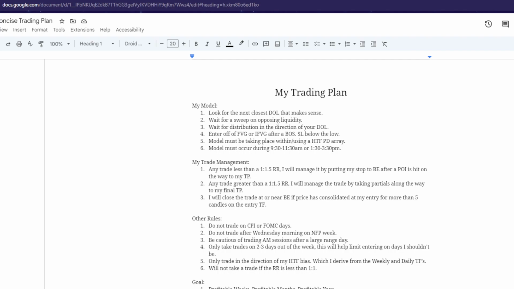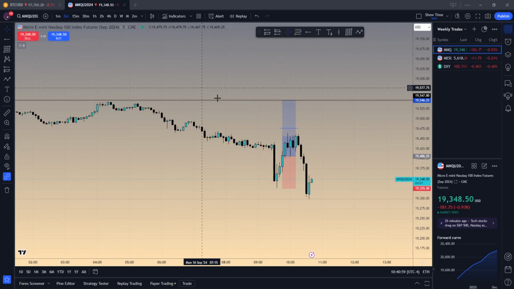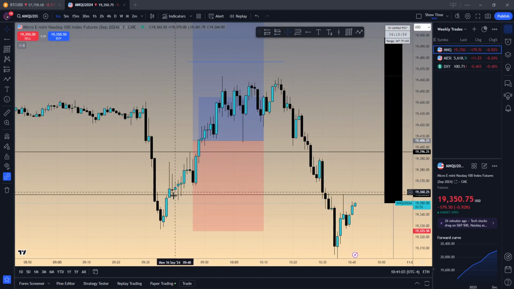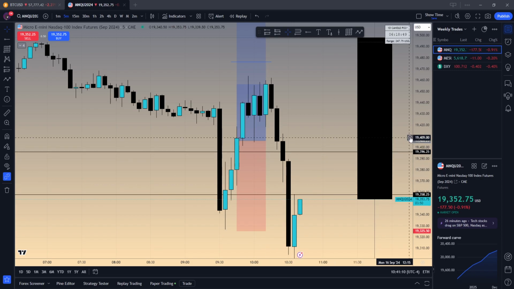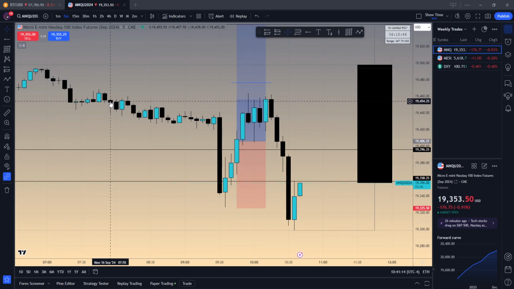Well, I showed you guys, right? We have that. Right, this is the sweep, obvious sweep. Distribution on the 1 minute, clearly just distributing higher, disrespecting bearish PD arrays, right? Same can be said on the 5 minute, cool. Awesome, okay?